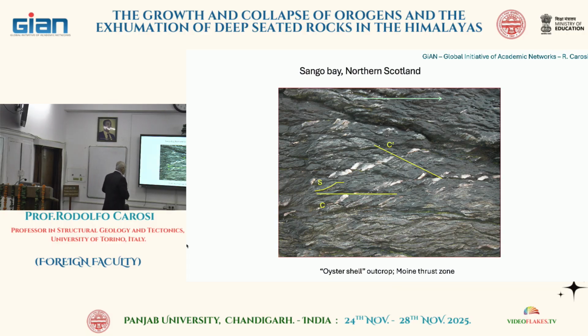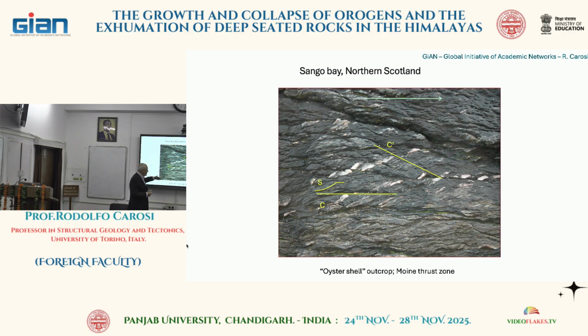This is a beautiful outcrop, a famous outcrop named oyster shell. Oyster is a fossil, more or less. We are in the Moine Thrust in Scotland, because you can observe this white stuff is quartz crystallized along C prime structure. So the shape is like an oyster. And at the end of the 18th century, there was a long debate about the contact between the Lewisian rocks and Moine rocks.